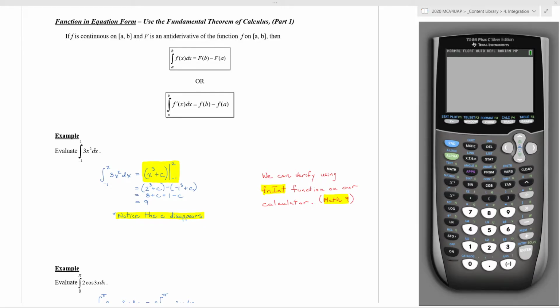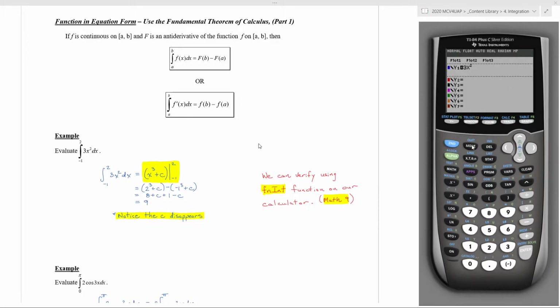How do I evaluate definite integrals on my calculator? So first of all, turn the calculator on and go to the y equals, like as if you were graphing a function, and just enter the integrand. So 3x squared. Okay, so make sure you got 3x squared in there.